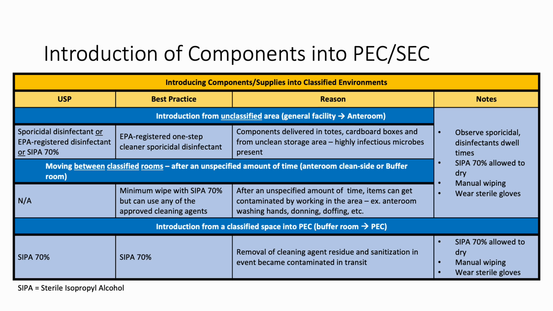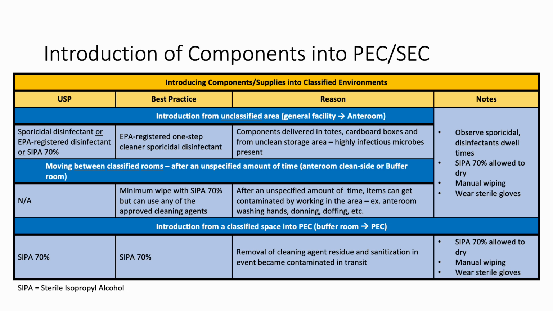So first, what USP says on how to introduce a component from an unclassified area to a classified area, such as the anteroom, it says you must use a sporicidal disinfectant or an EPA registered disinfectant or sterile IPA.